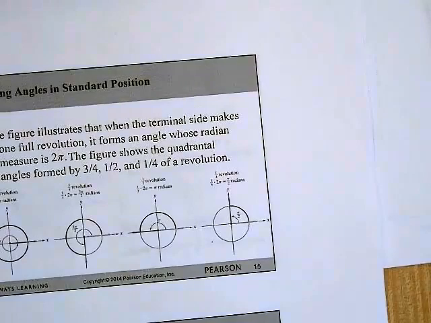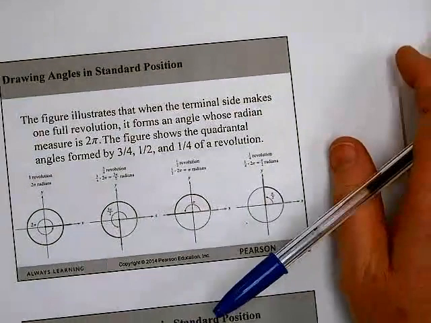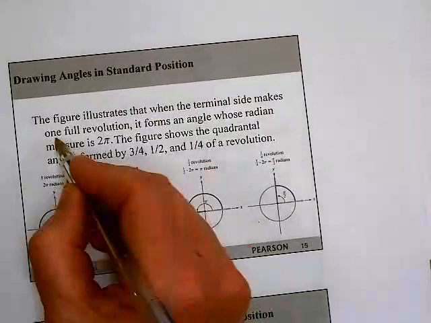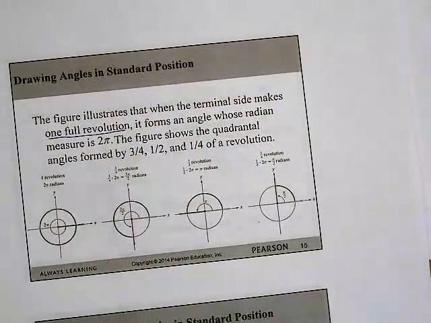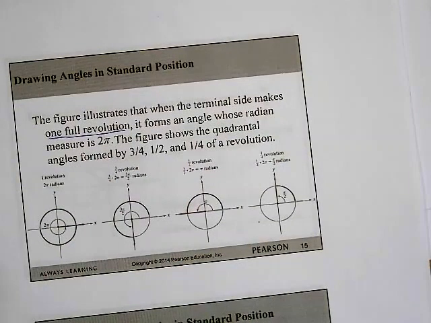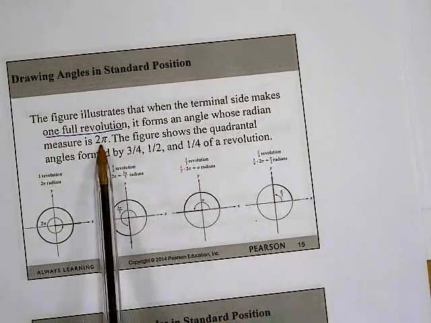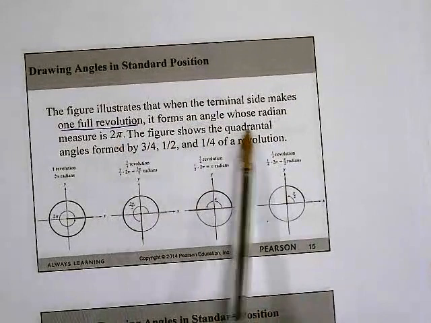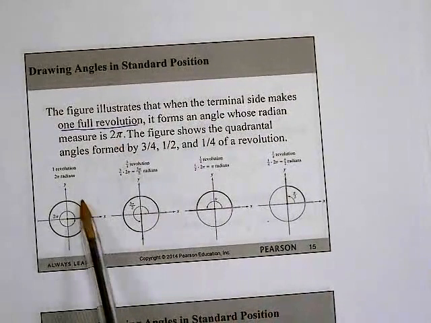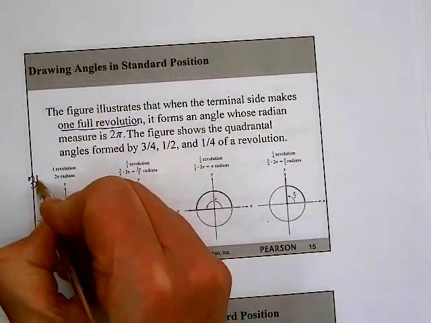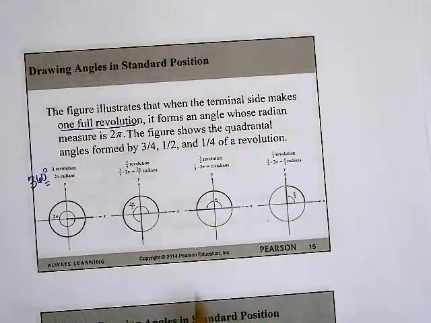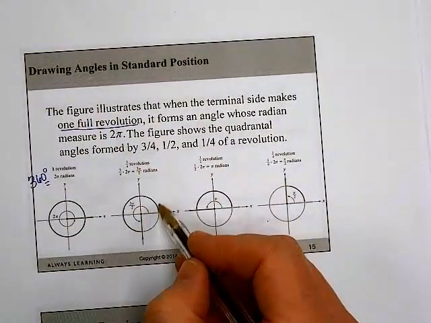Okay, the figures below illustrate when the terminal side makes one full revolution. One full revolution is 360 degrees, also called 2 pi. It forms an angle whose radian measure is 2 pi. Here we have one complete revolution, 360 degrees is equal to 2 pi. This is 3/4 of the way.